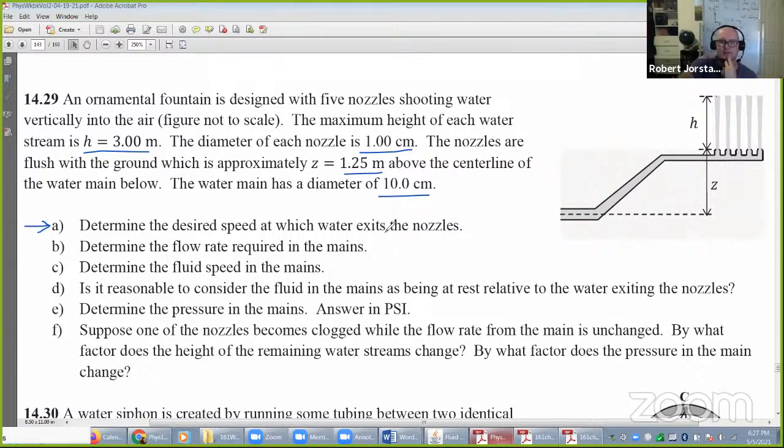I basically know a bunch of distances, right? And diameters and stuff. How do you do part A? Any ideas? I'll give you a second to think.